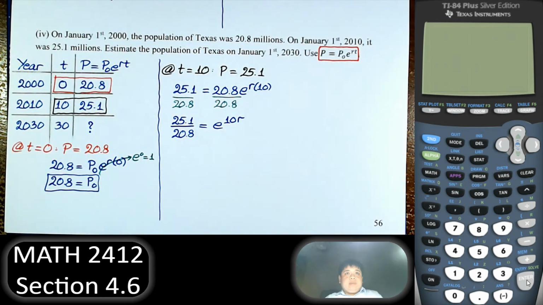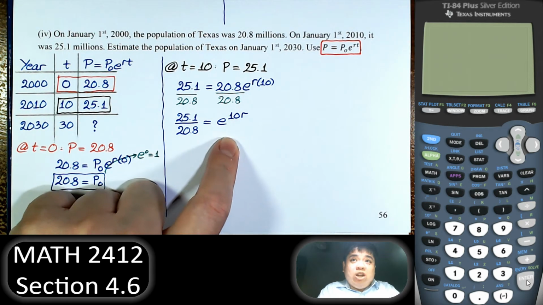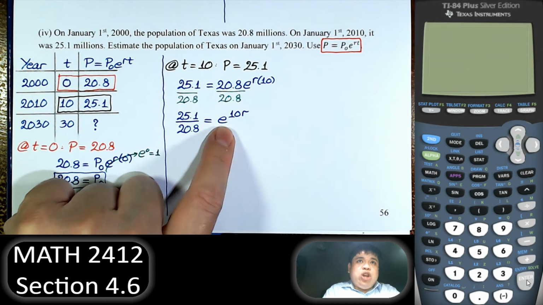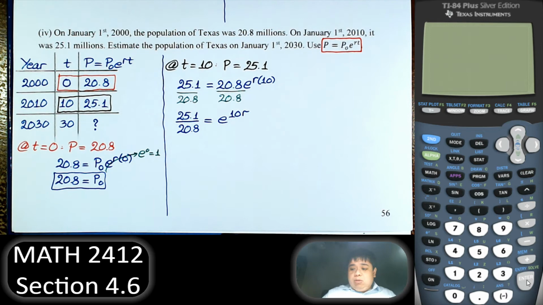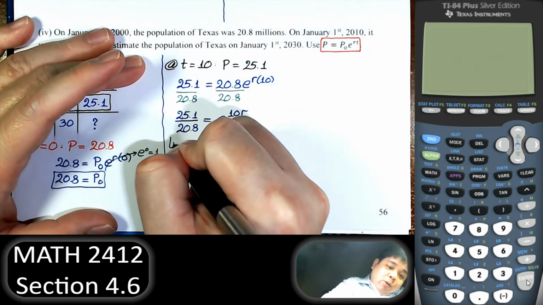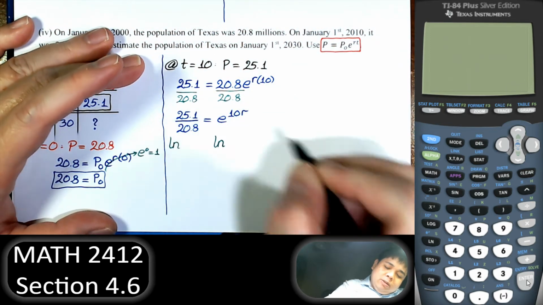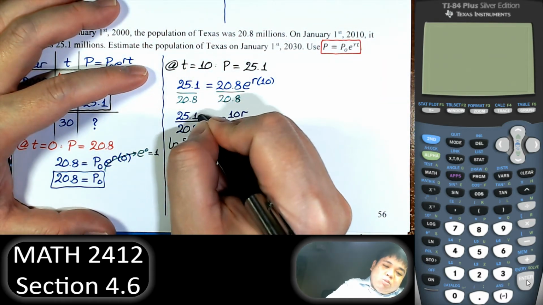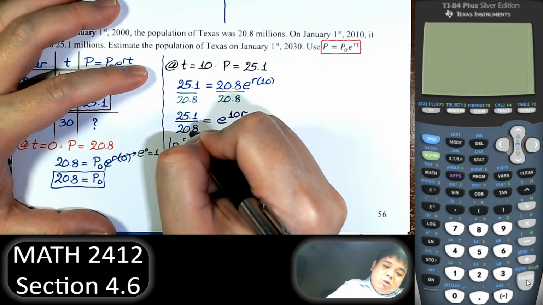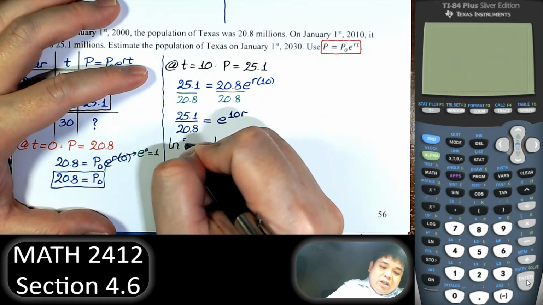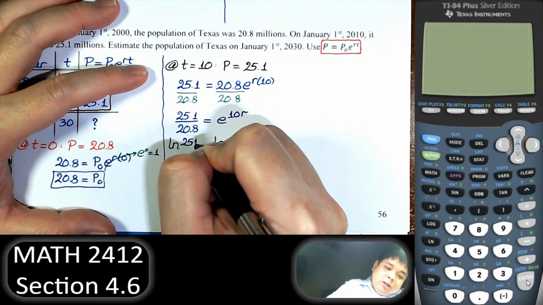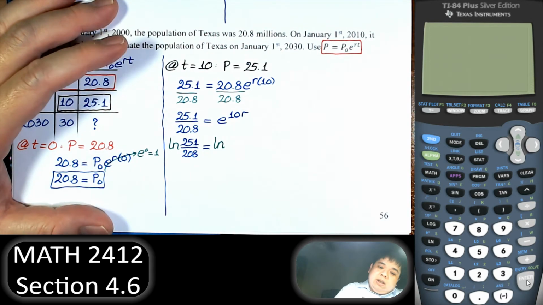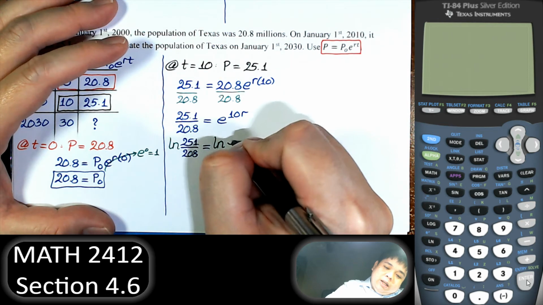Now, we have the exponential term equal to that. Because we cannot change this to the same base, we take ln on both sides. Here I can just multiply 10 top and bottom, or move the decimal place 1 to the right. We have 251 over 208, and that equal to e to the 10r.